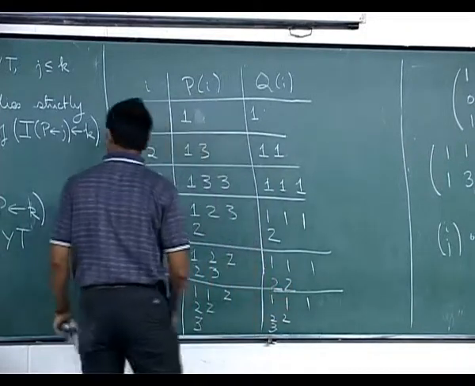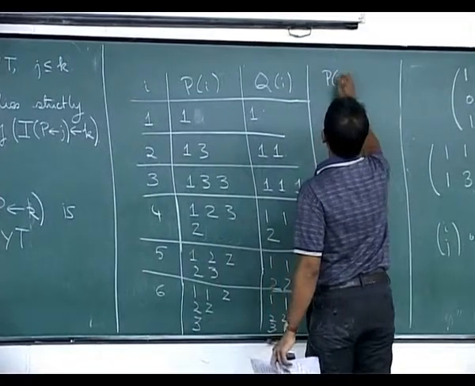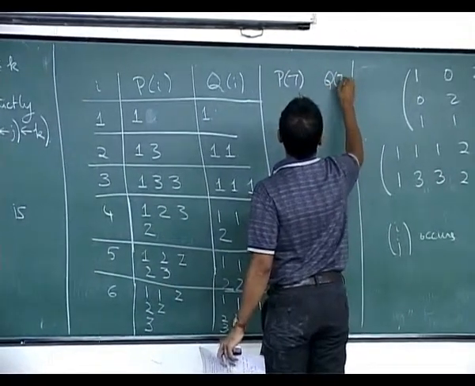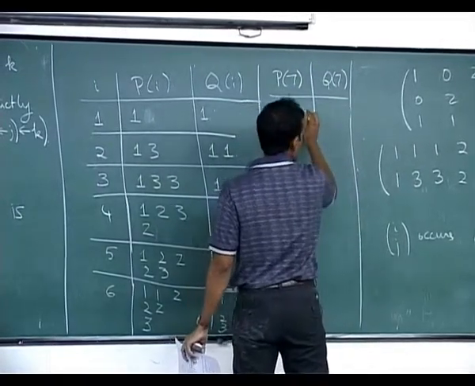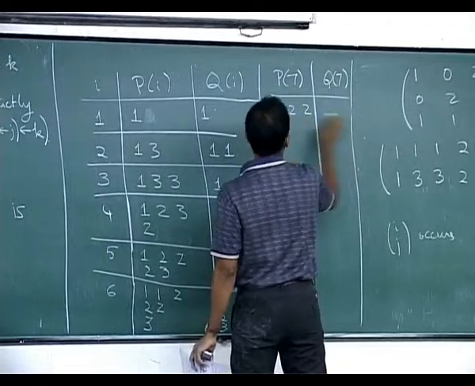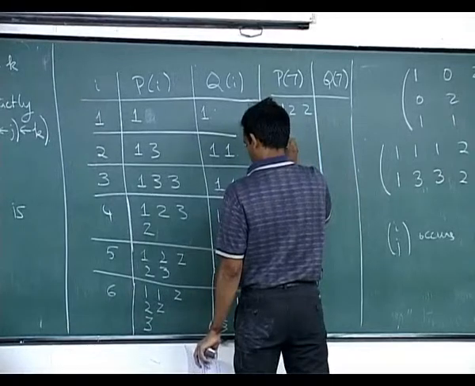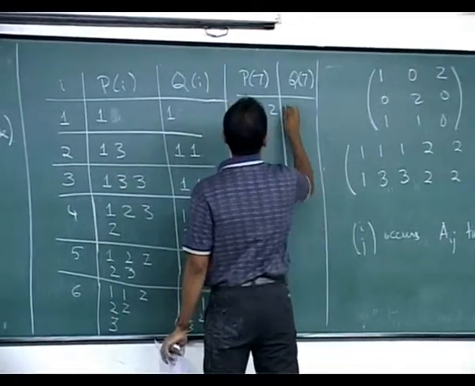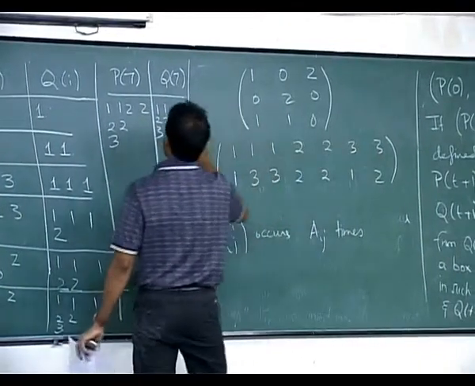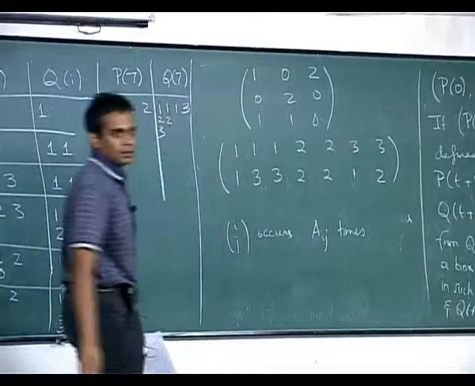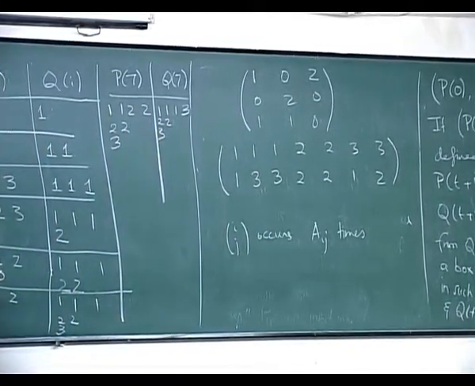Let me just do the 7th step over here. So 1, 1, 2, 2, it just adds on to the end of the row. 2, 2, 3, 1, 1, 1, 2, 2, 3, and this 3 has to go into the new box created, which was here. So this is the pair that comes from that matrix.